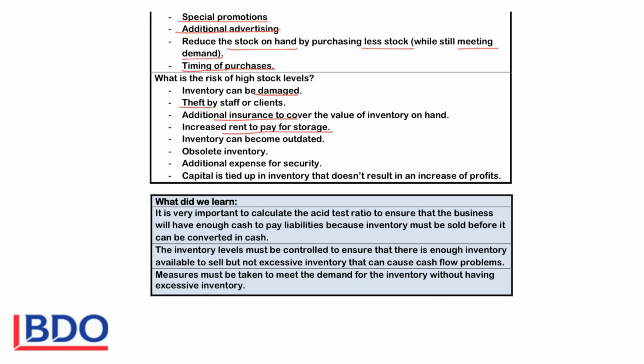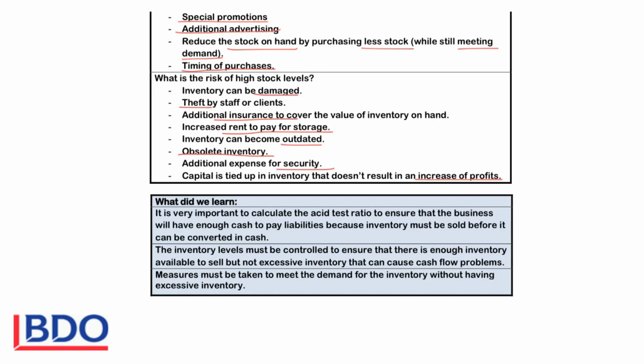Inventory can become outdated, so it's not in fashion anymore and people don't want to buy it. Obsolete inventory that is damaged, additional expenses for security to protect your inventory, and your capital is tied up in inventory that doesn't result in an increase in the profits because you are not selling this inventory quickly enough. So it means that you are actually reducing your profits.